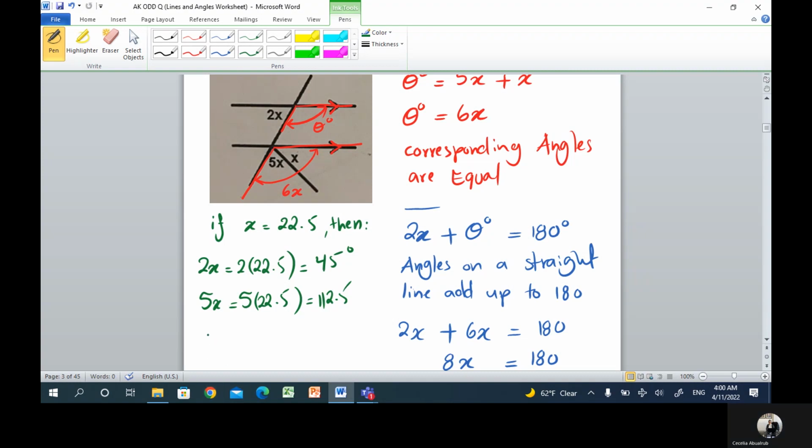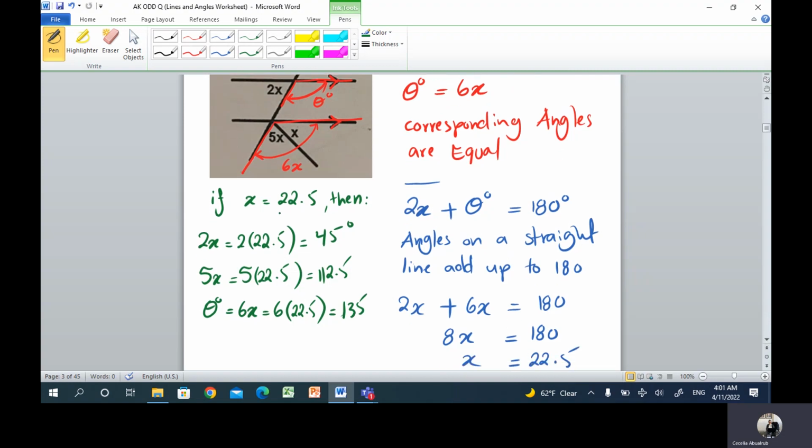And theta is equal to 6x, which is equal to 6 times 22.5, which is equal to 135.